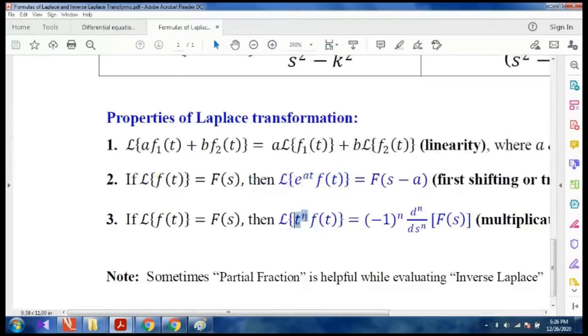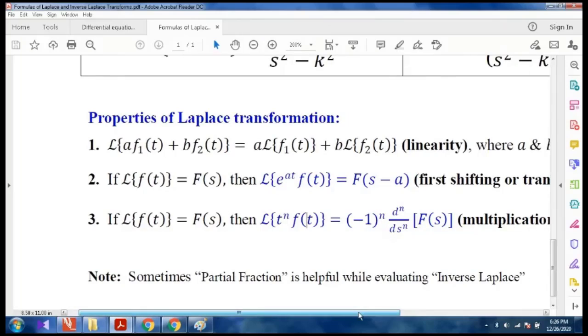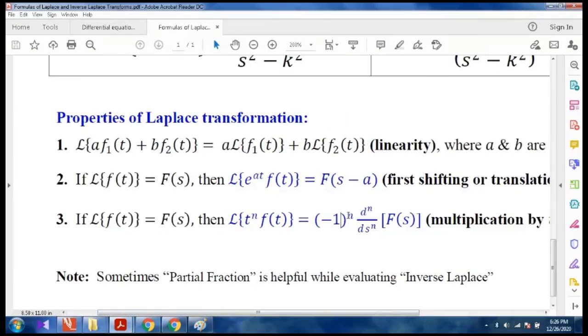Laplace transformation of t power n times f of t is negative 1 power n, d power n by ds power n, that means the nth derivative in terms of s of f of s. Can you see the screen?